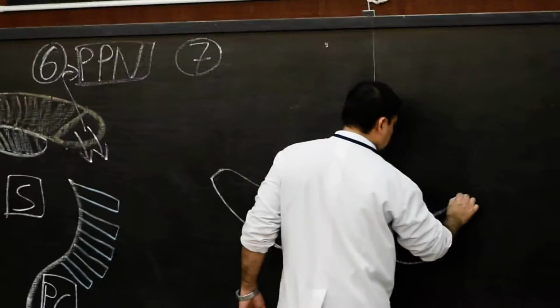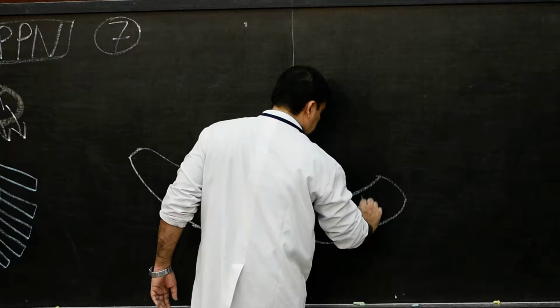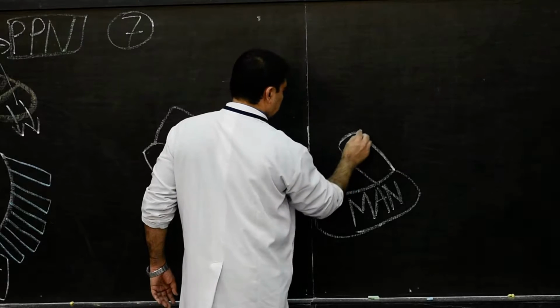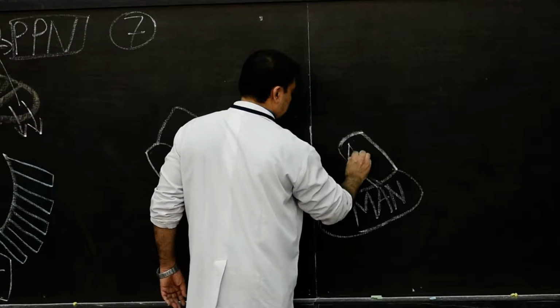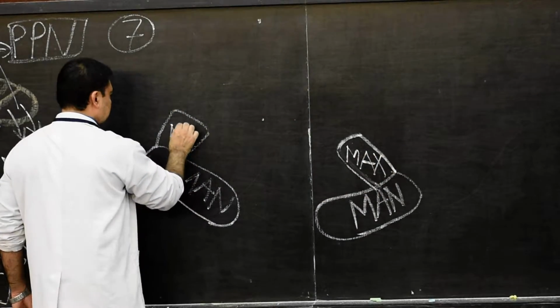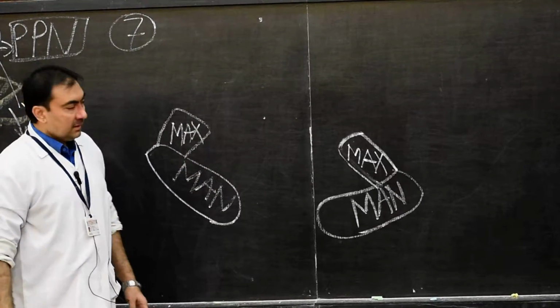Here we show the two mandibular, there will be development of the two maxillary processes. These are the maxillary processes. We have already discussed this stage, the first pharyngeal arch.